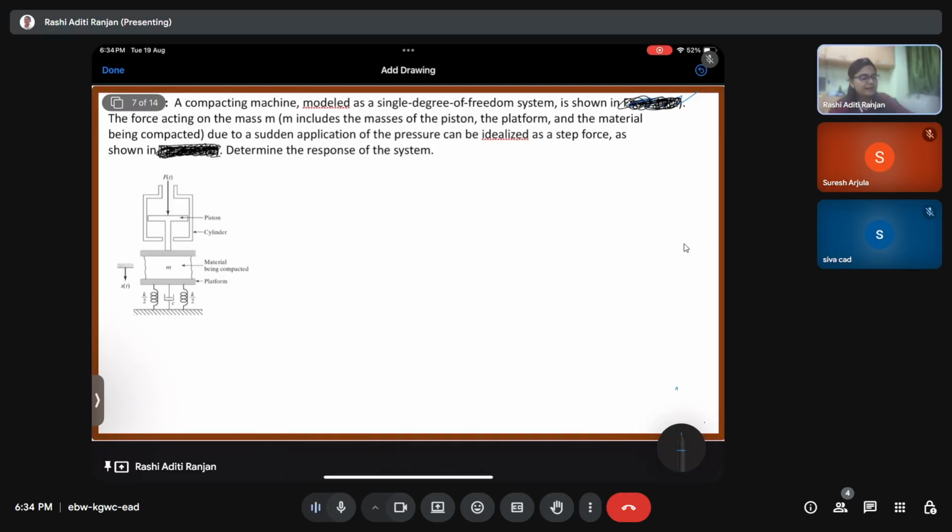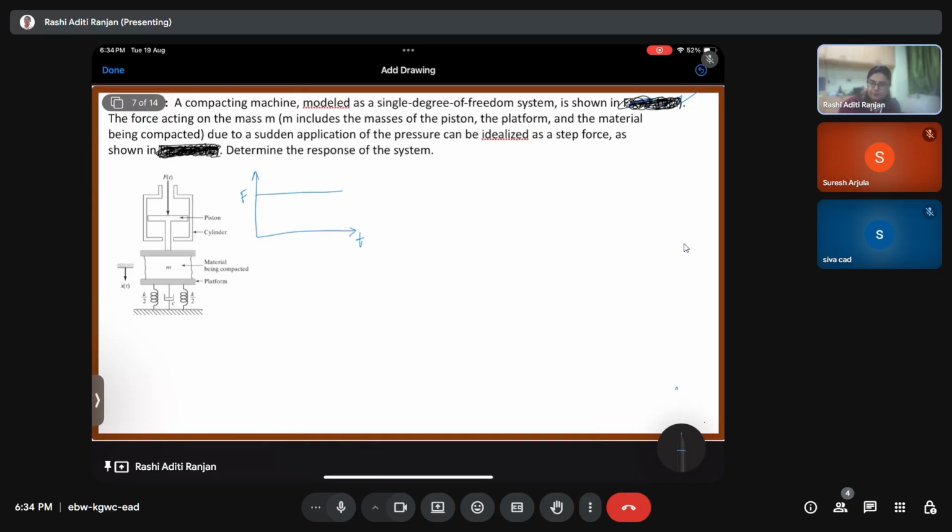This F of t can be idealized as a step force, which means it has a constant value but is applied continuously with respect to time. And we have to find the solution for the system.